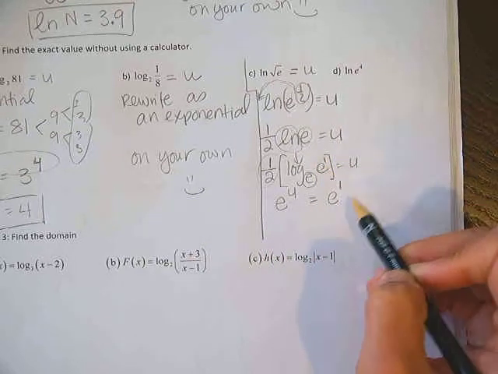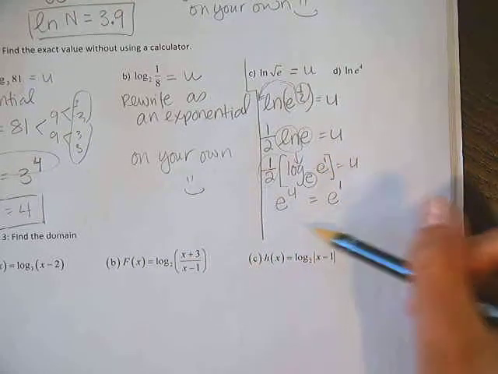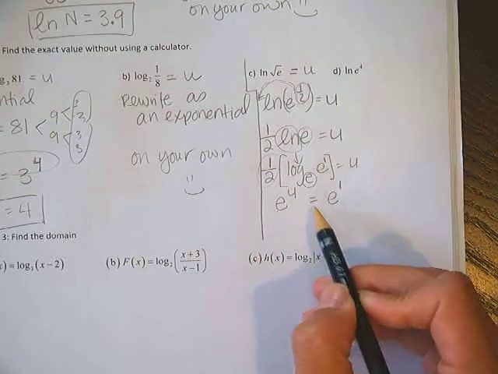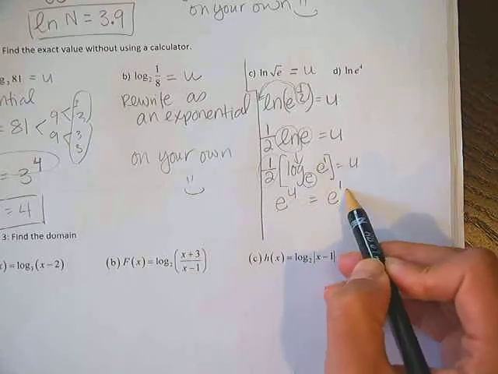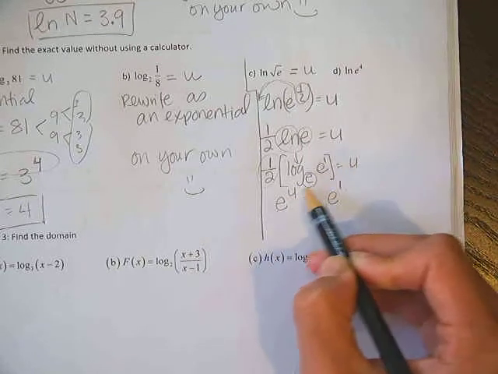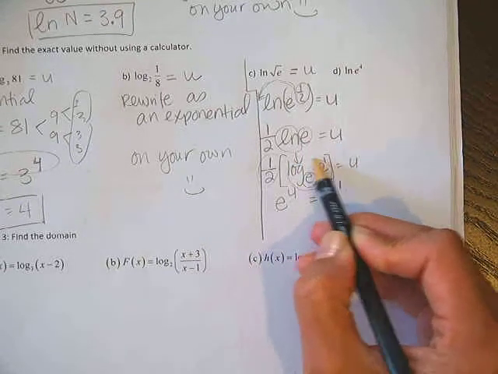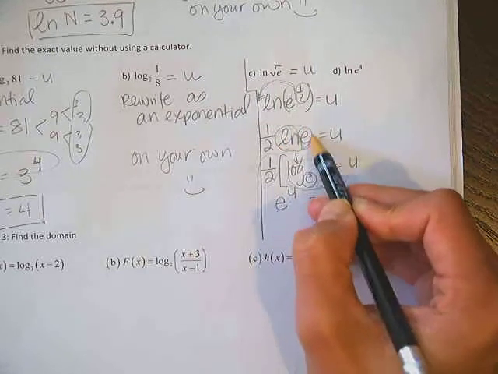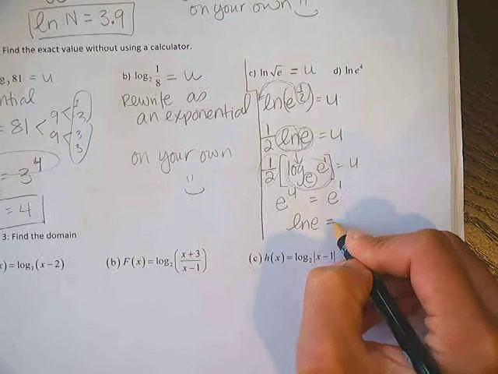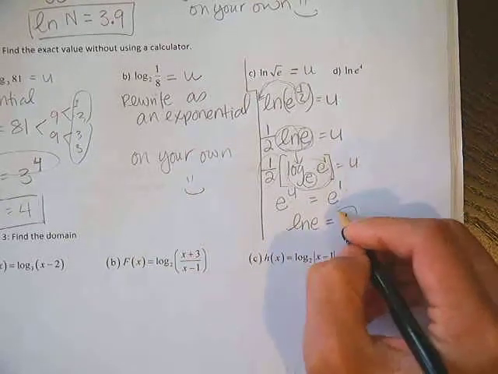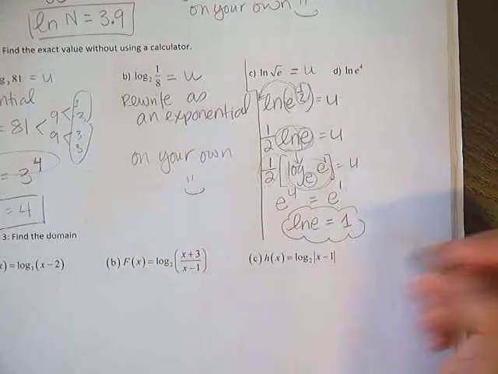Currently, this e has an exponent of 1. So e to the u equals e to the 1. Would you agree that u is 1? So this whole thing becomes 1. That means ln of e is 1. So ln of e is always 1. This is not our answer, but I want you to remember that.